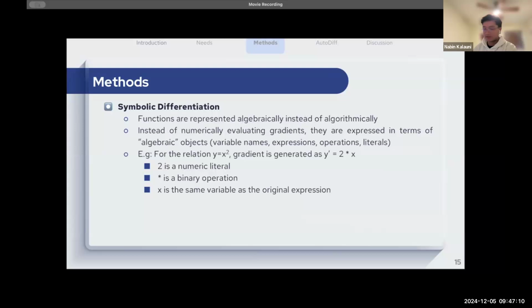And the next one is symbolic differentiation. This is actually a pretty interesting idea. Here you would represent functions algebraically instead of representing them as numbers, as floating points. You'd represent them as algebraic objects. One small example: when you tell your computer y equals x squared, you're telling the computer that y is an object, right?